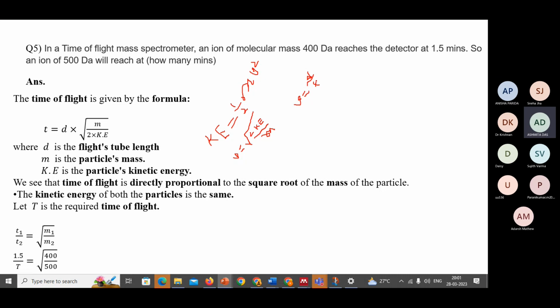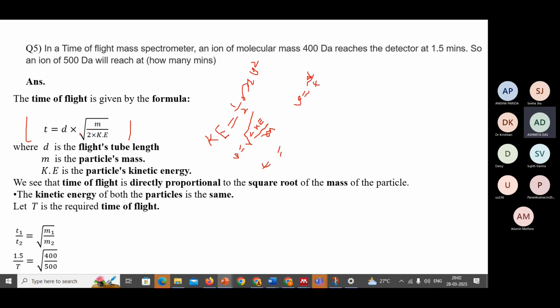Is that clear to everyone? V equals d by t. So from there we found that t equals d into root of m divided by 2 into kinetic energy.